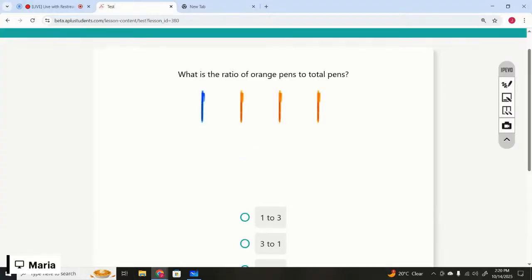What is the ratio of the orange pens to total pens?